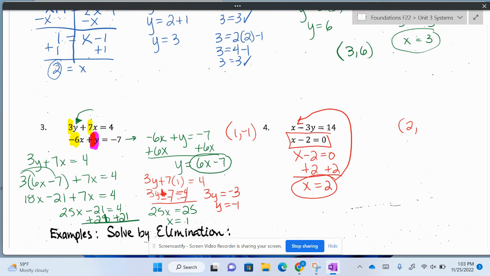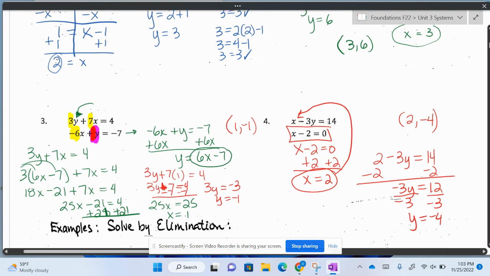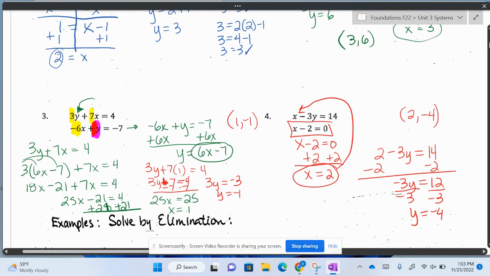So instead of x, I'm going to use the number 2. Minus 3y equals 14. Subtract 2 from both sides. Negative 3y equals 12. Divide both sides by 3. And you find out that y equals negative 4. So that is an example, 4 examples actually, of solving using substitution.